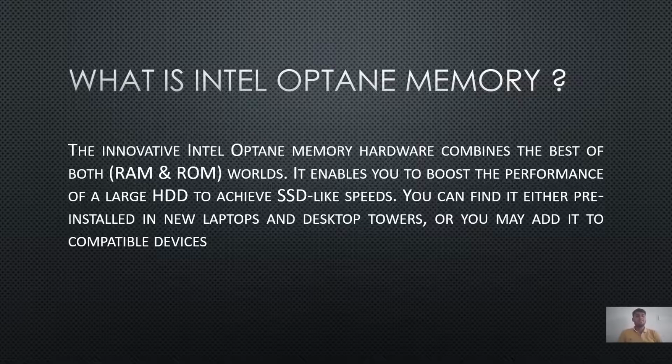It enables the performance boosting of the hard drive in such a way as to achieve a speed like SSD. You can find the pre-installed memory chip in the newer versions of laptops and desktops, or even if you have an older PC which is compatible with Optane memory, you can install the chip.